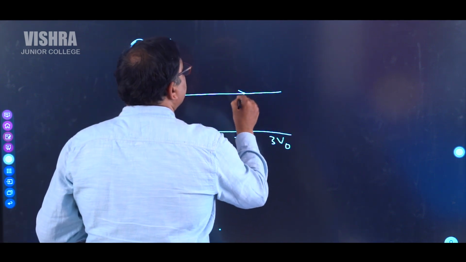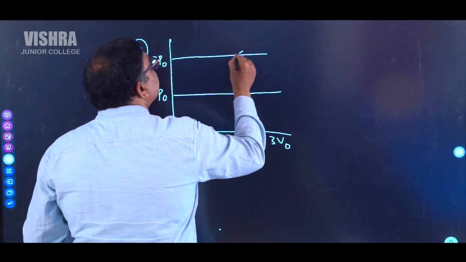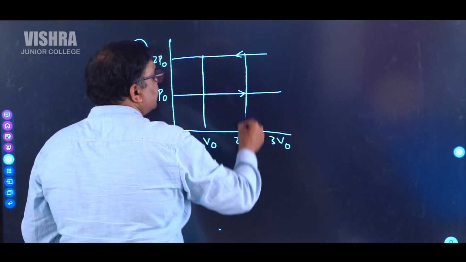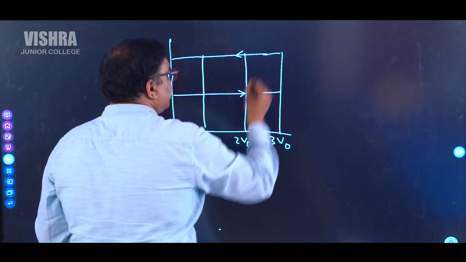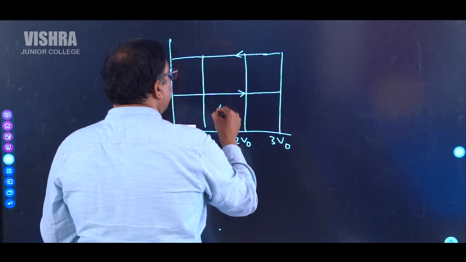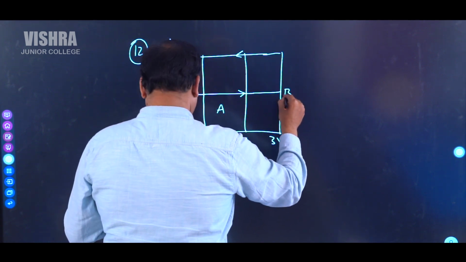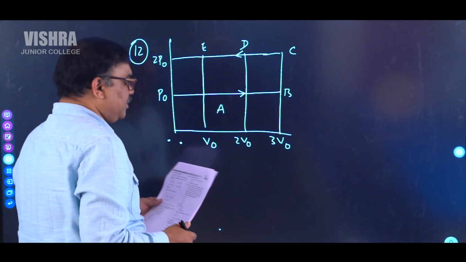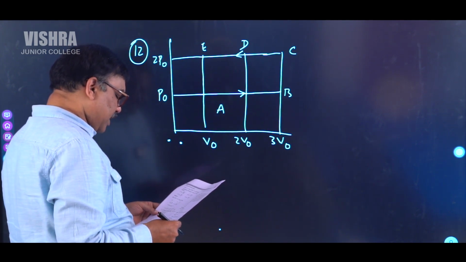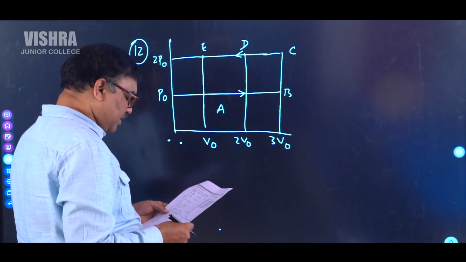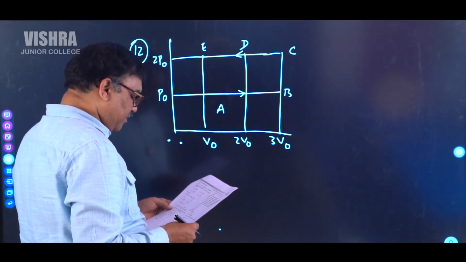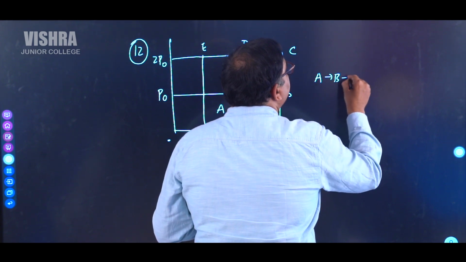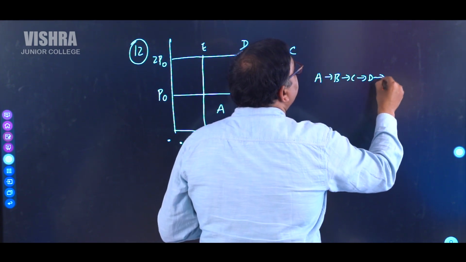This is an arrow going like this, and this one is the arrow coming in this direction. Here they have divided this into 3 parts, and here it is A, here B, and here C, D, and E. This is how you can draw the diagram. Now they are asking: an ideal gas undergoes the process. Find work done. Work done means A to B, B to C, C to D, D to E.